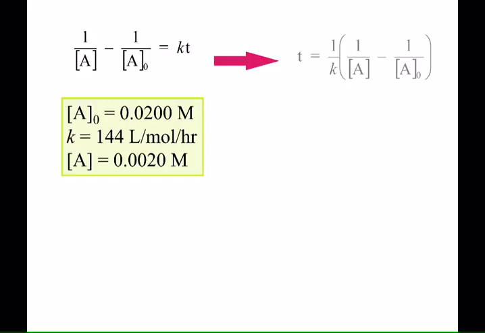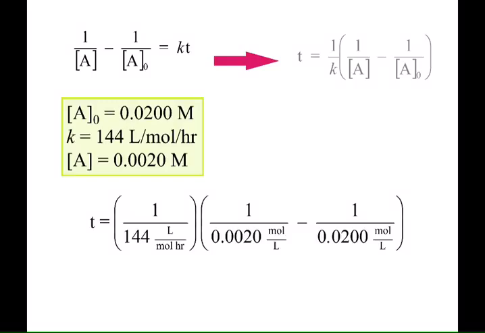So plugging in then, it looks like this, where time is equal to 1 over 144 liters per mole per hour. Isn't that crazy? So these units are going to actually be what? Hours, moles, hours per liter.